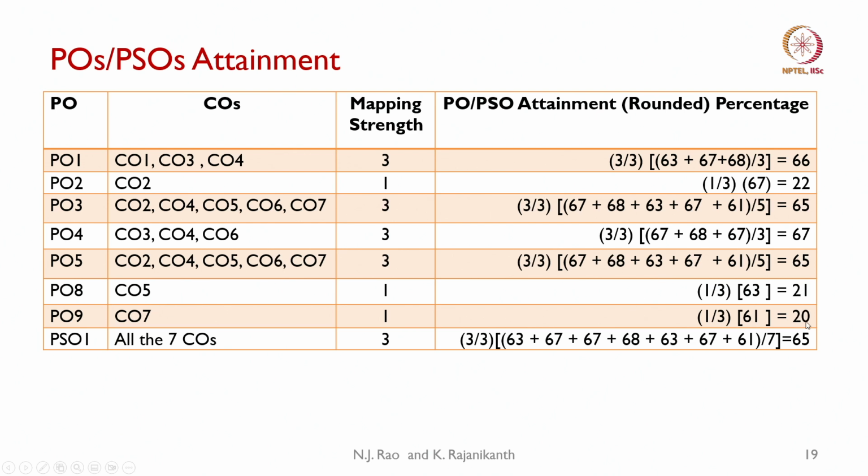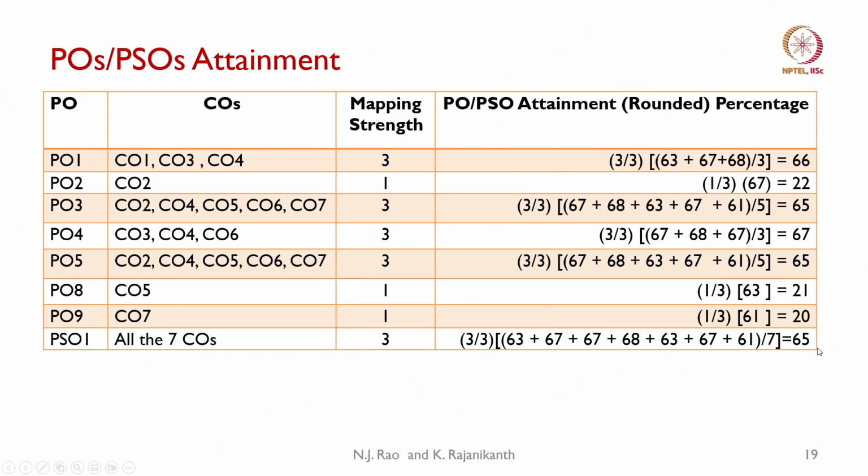These percentages will vary like this, whereas all the 7 COs address PSO1 and you compute the average because the mapping strength is 3 and these are the attainments, and you get something like, obviously, an average of 65. Okay.